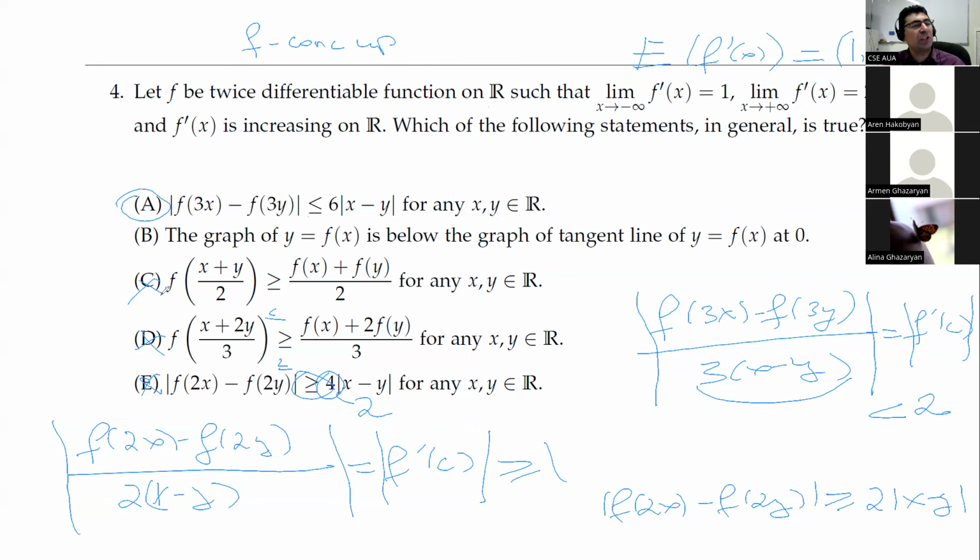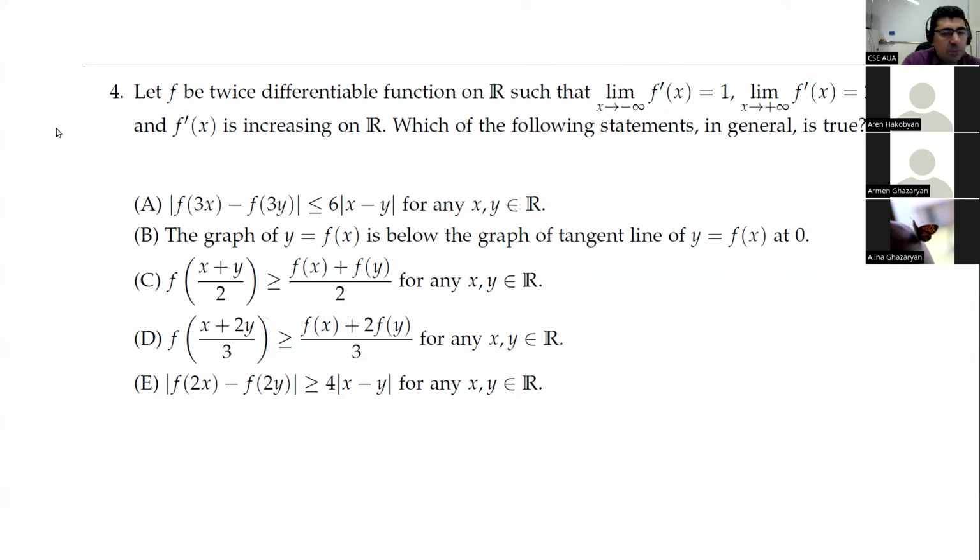what does statement B say? The graph of function f is below the graph of the tangent line. And now, please pay your attention.